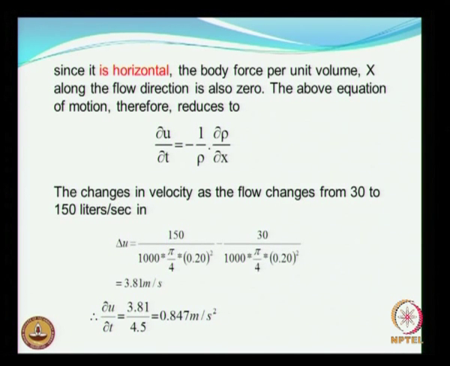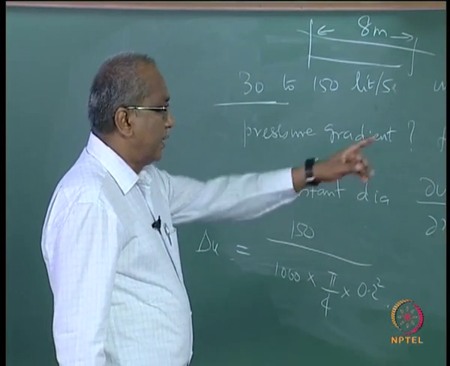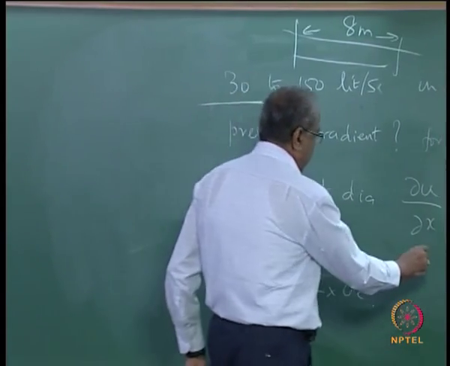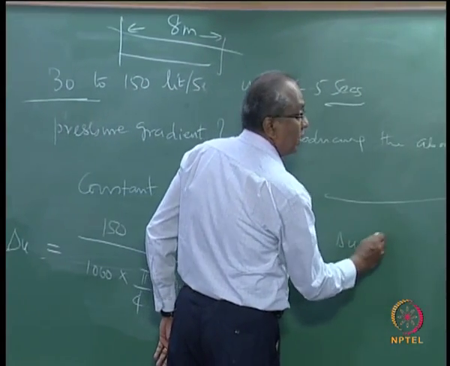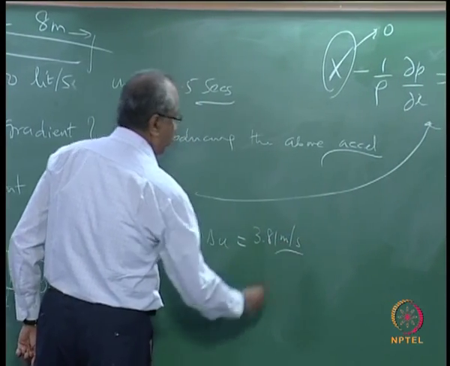We are basically trying to get the area. So the velocity at the point where the discharge is more, minus the velocity at the point where the discharge is less, that is 30 liters per second. You have the 1000 to take care of the conversion. So delta u will work out to 3.81 meters per second.